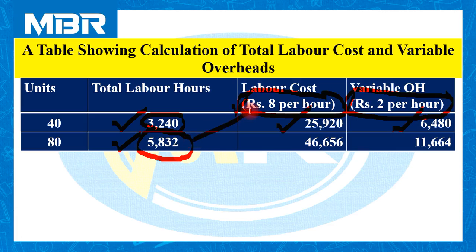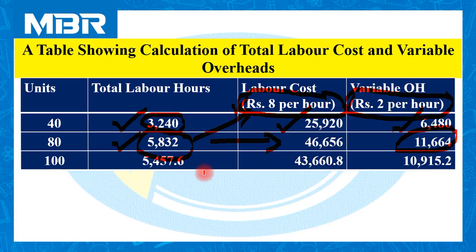Now the rate of labor is ₹8 per hour. So total labor cost for 80 units is ₹46,656, and variable overheads at the rate of ₹2 per hour, 11,664.